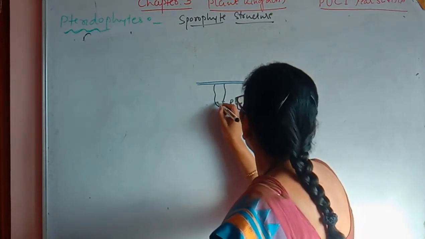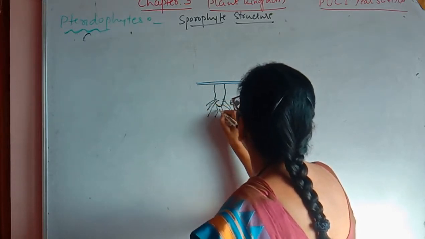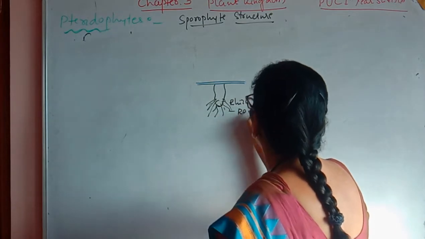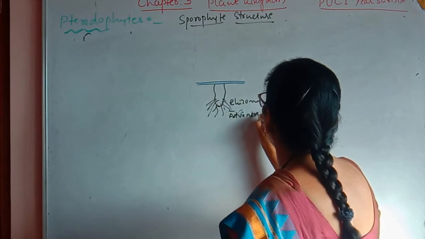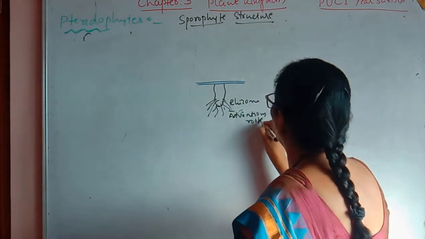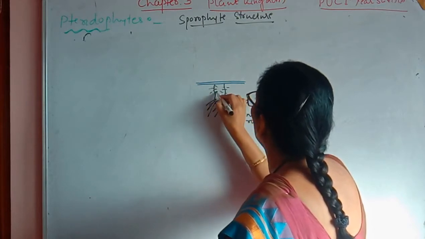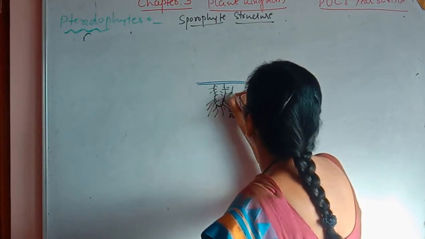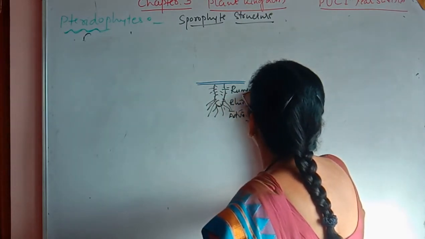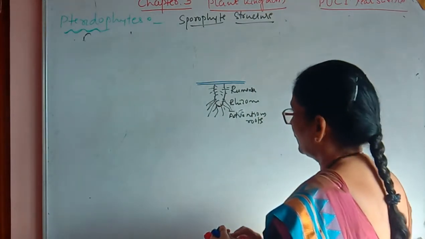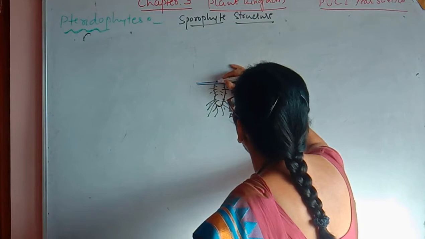On the basal region of the rhizome, the roots arise. These are called the adventitious roots. On the upper side of this, there are scaly structures, and these scaly structures are called the ramenta. The young leaves and fronds arise from the upper side of the soil.